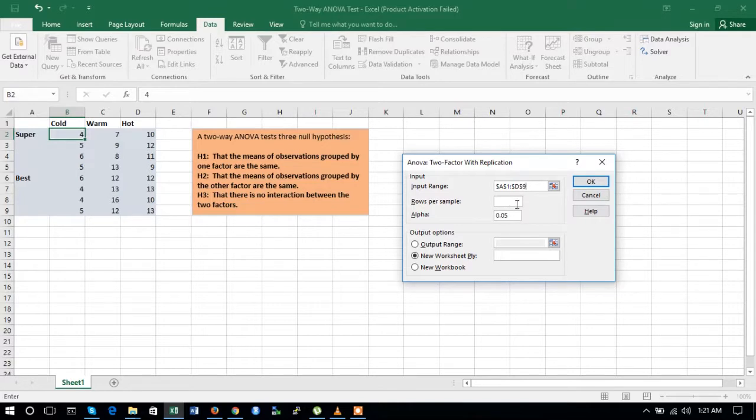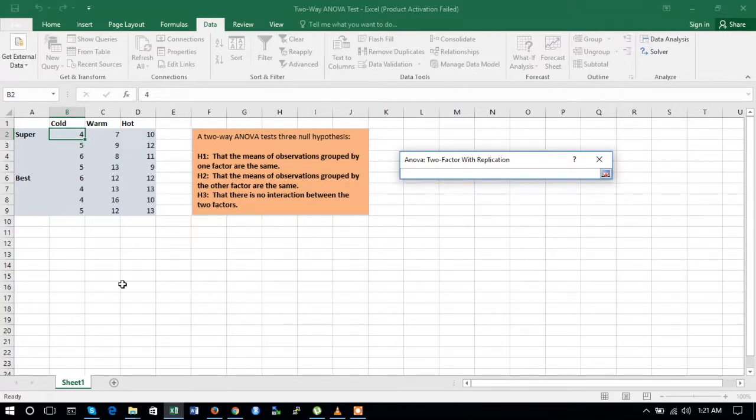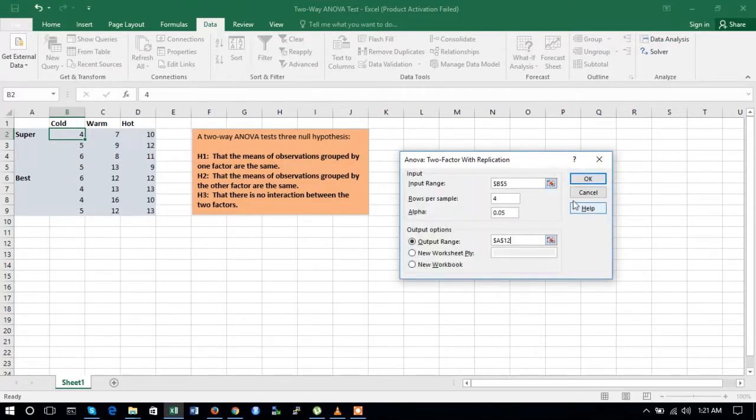It should always be in the same form, as you can see from the structure of this data set over here. And now we need to provide the rows per sample. As you can see, we have 4 rows per sample, so we will enter the value 4 here, and we have also defined the value of alpha to be 0.05, and for the output options we will obtain the output over here on the same worksheet, and then we click OK.